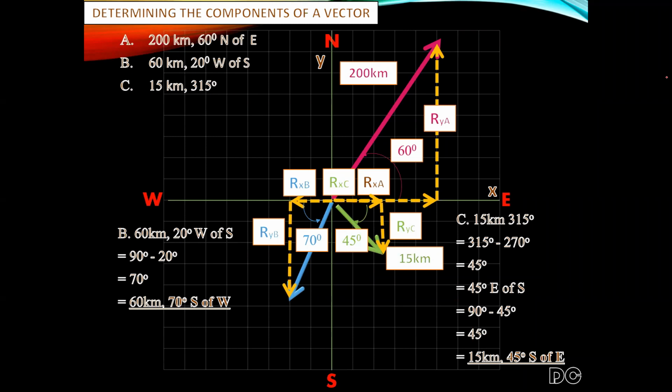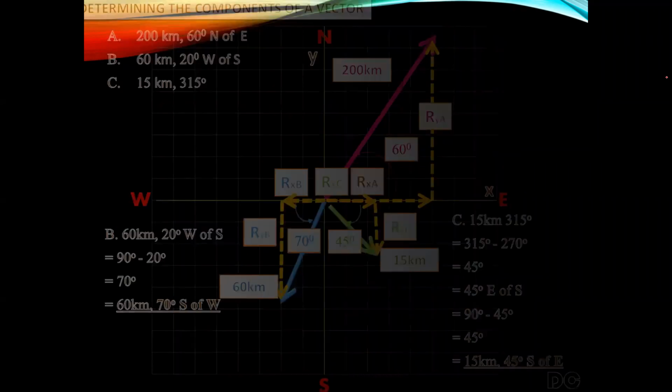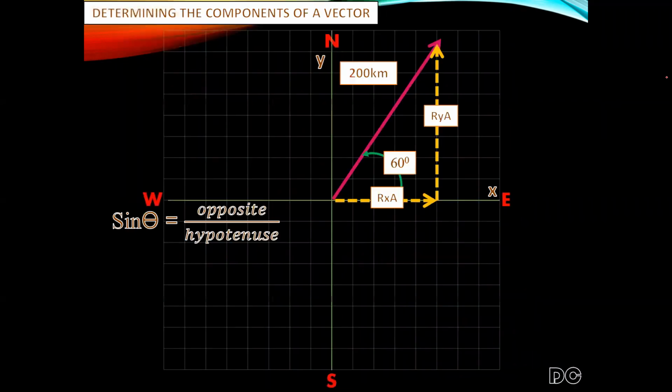So first, let's try to solve r sub xa and r sub ya. To solve this, we will use the sine and cosine function. For sine function, since the opposite is the r sub ya, substitute.